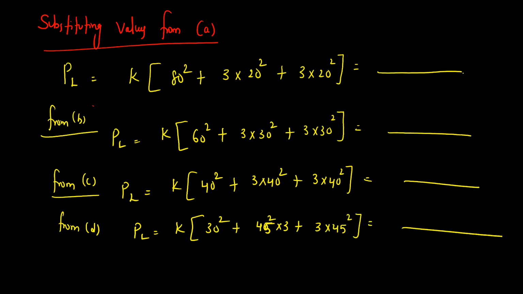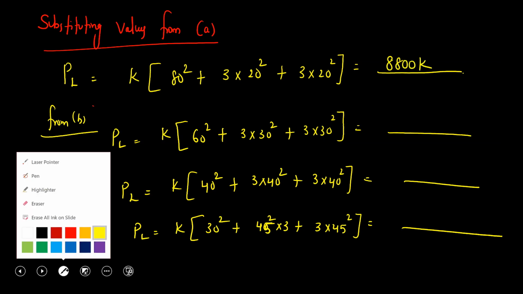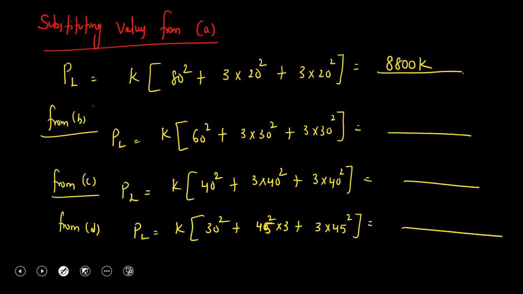Out of this, you have calculated all the losses. So which one would be minimum? If you substitute these values, option A gives 8,800 K, option B gives 9,000 K, option C gives 11,200 K, and option D gives 13,050 K. So where are the losses minimum?